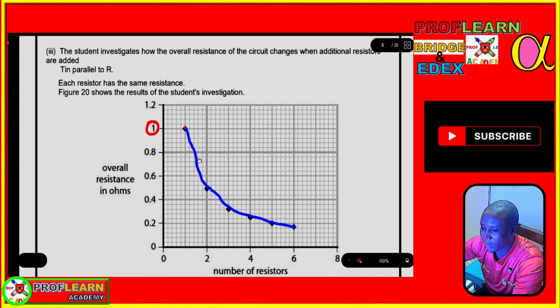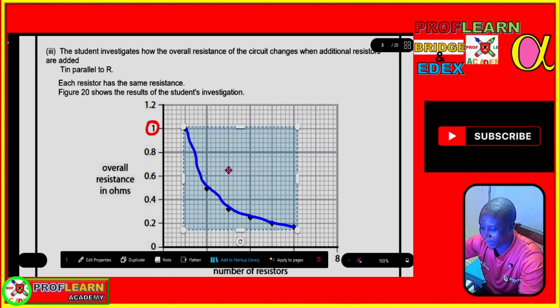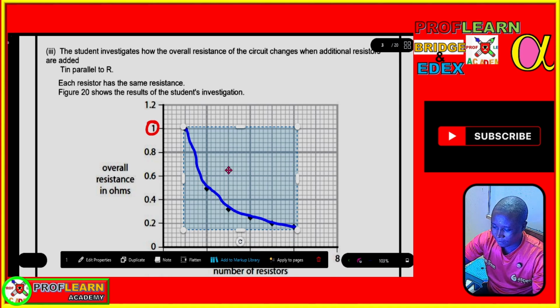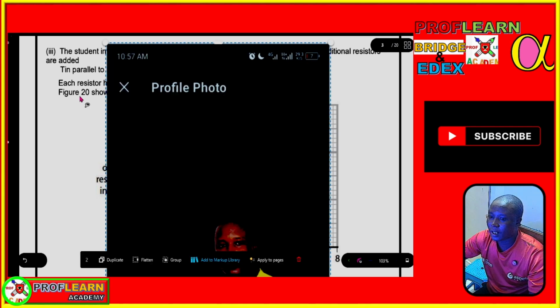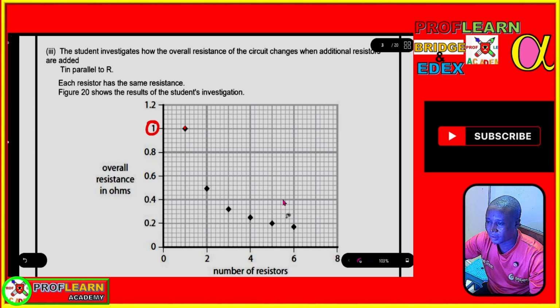Actually, this particular curve that we are having here wasn't there. I'm the one who just introduced it so that I can show you what we are supposed to do at that given point.